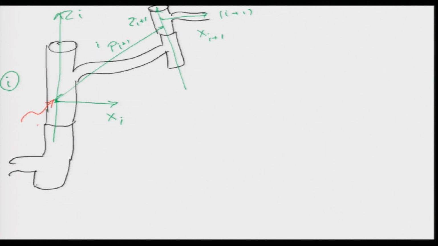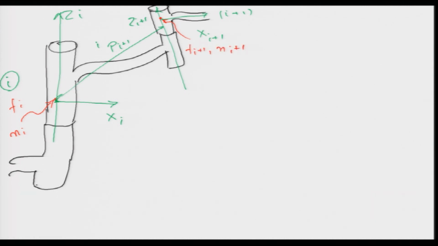At this origin here there is a force Fi and a moment Ni, which are acting at the origin of the frame here. Now on the next frame there is going to be a force and a moment again. Let us call these Fi plus 1 and Ni plus 1.